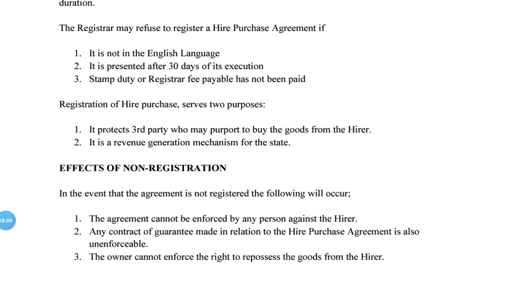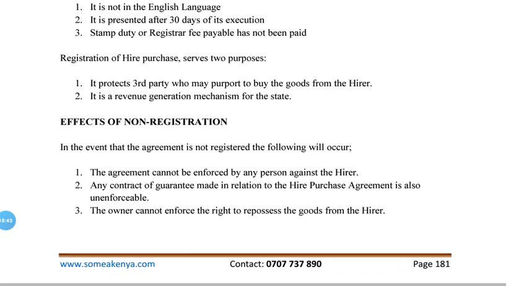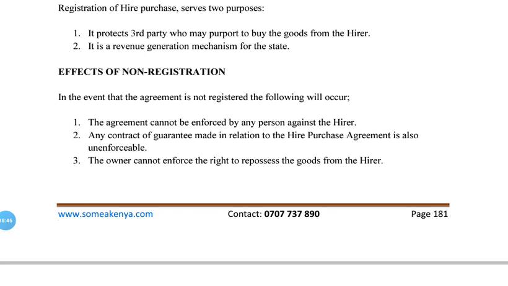So what are the effects of non-registration? What will happen if you fail to register? In the event that the agreement is not registered, the following will occur. The agreement cannot be enforced by any person against the hirer. Any contract of guarantee in relation to the hire purchase agreement is also unenforceable.